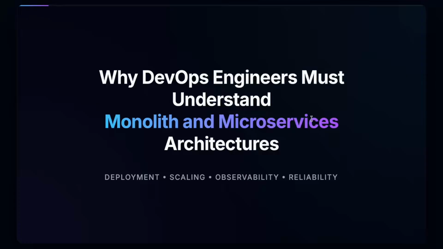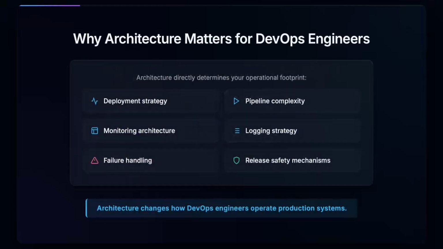Now, let's see why DevOps engineers should learn these concepts. Your application architecture directly determines what your operational steps will be for an application from development to deployment, end to end, right?